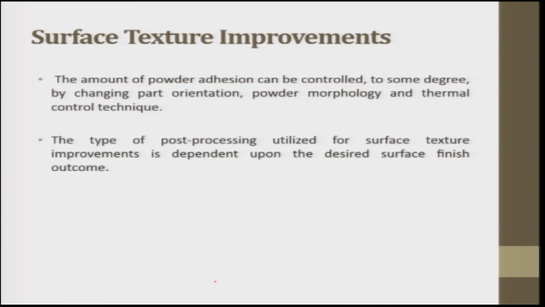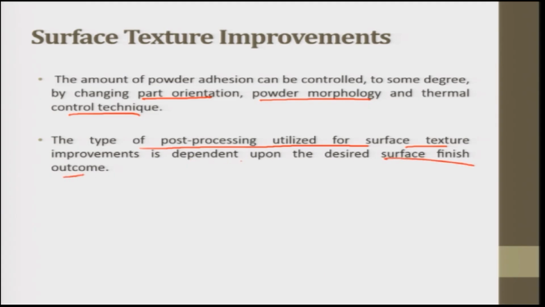The amount of powder adhesion can be controlled to some degree by changing the part orientation, powder morphology and thermal control technique. The type of post-processing utilized for surface texture improvement depends upon the desired surface finish outcome.